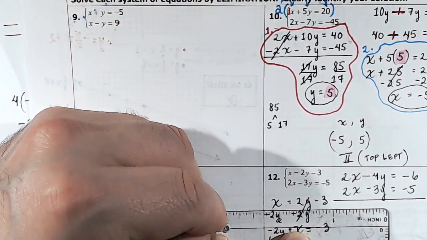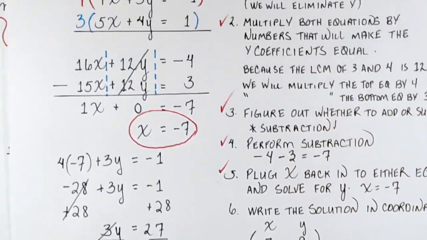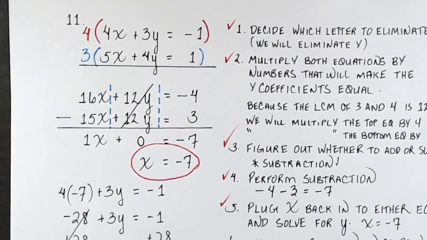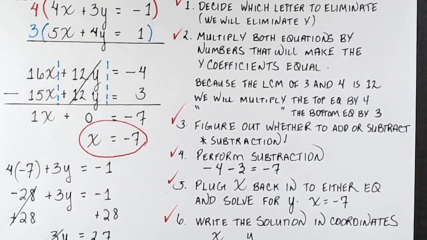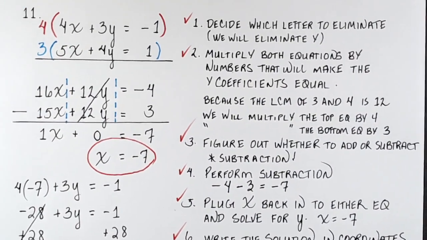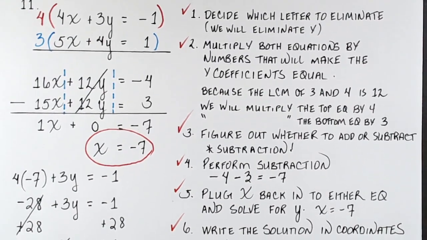That way your teacher knows that you didn't just get the thing out of thin air. We actually did the work here, okay? So we did all of these 6 steps, and you go back and watch this video again if you want to see how those 6 steps work, but there they are.